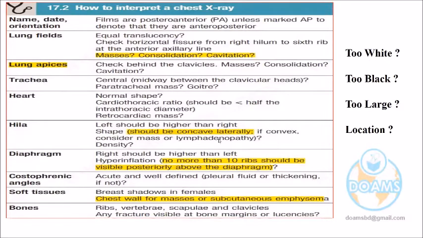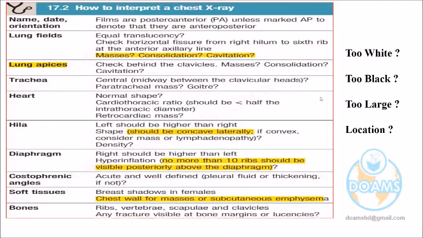I'm telling you some extra information that is usually discussed less. Diaphragm: no more than 10 ribs should be visible posteriorly above the diaphragm. Remember the rib count, the 10th rib posteriorly. And the soft tissues, chest wall, soft tissue masses, and subcutaneous emphysema are also important. Lastly, you can see the bones, which we already discussed.